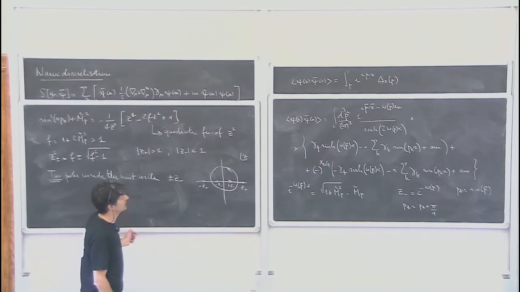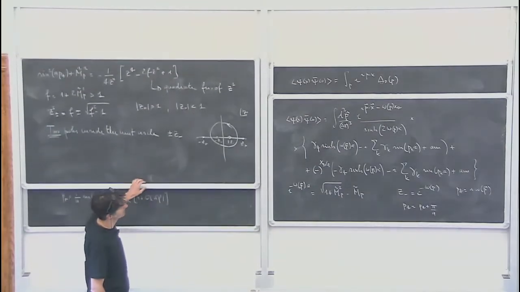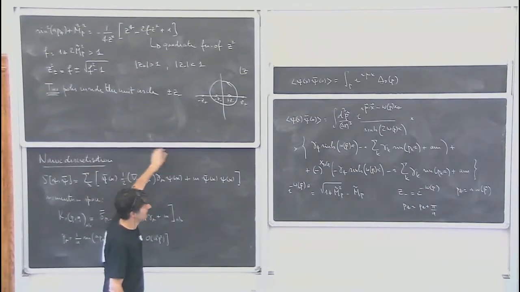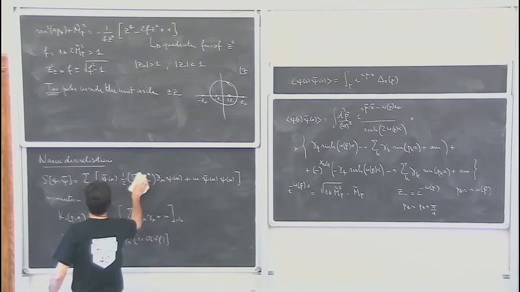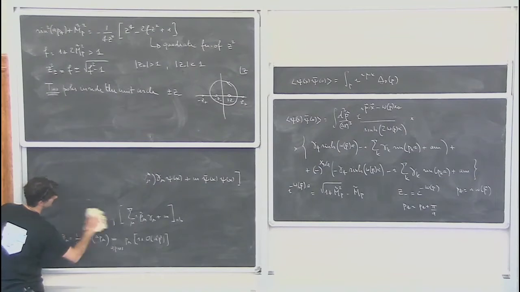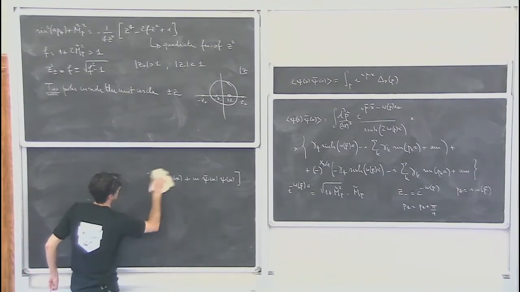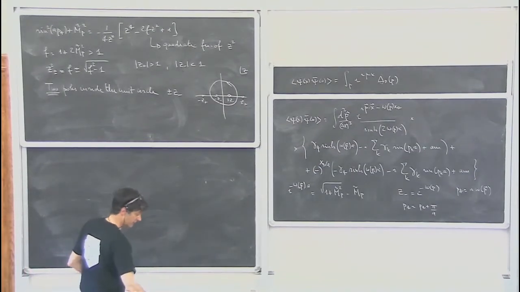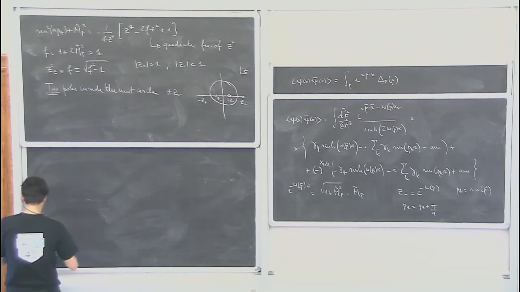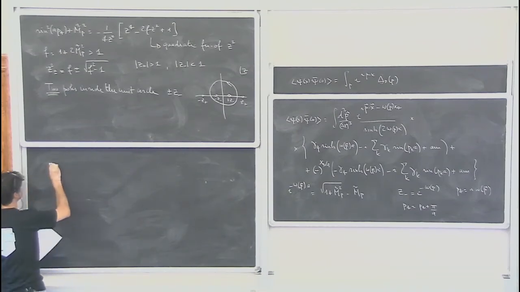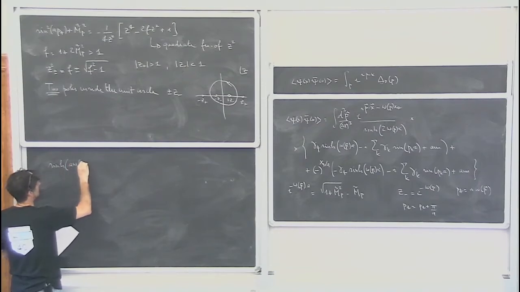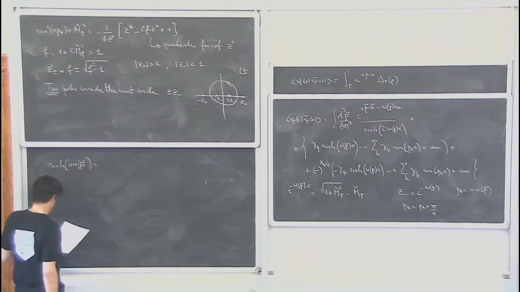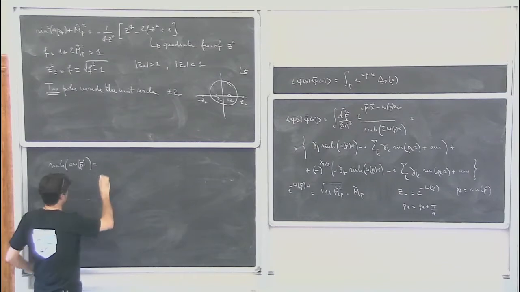So with a little bit of algebra again, you can turn this expression into the following. You can show that the sinh of a omega_p is equal to m tilde.